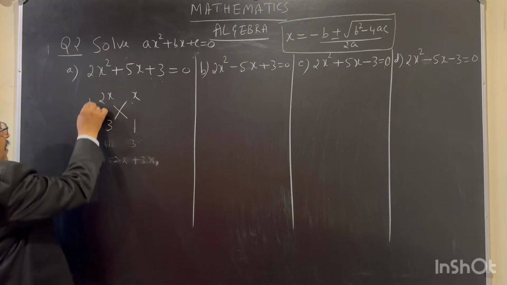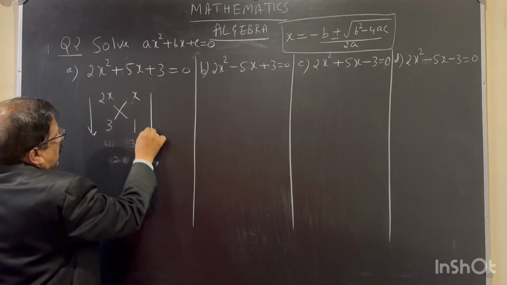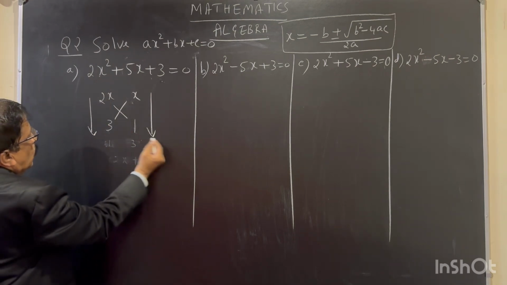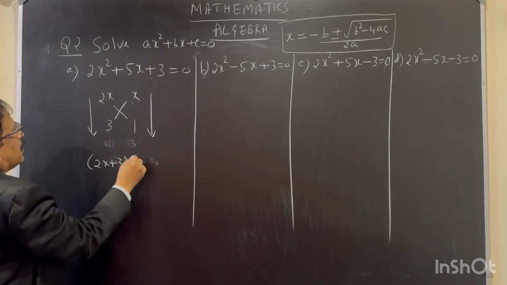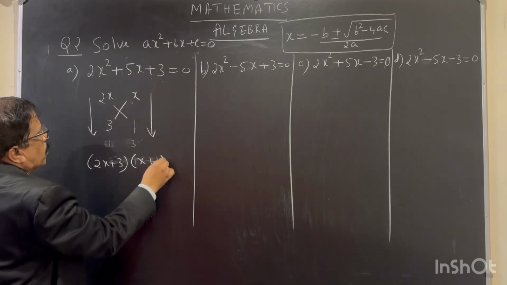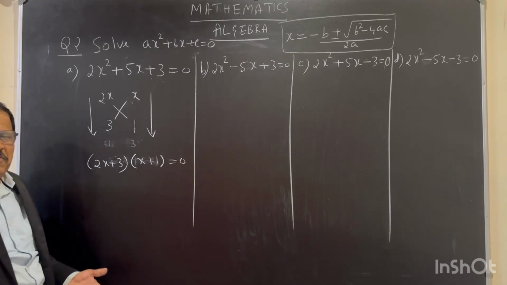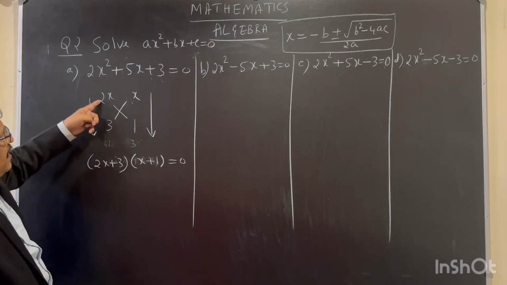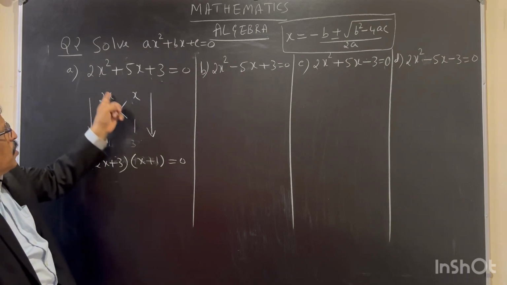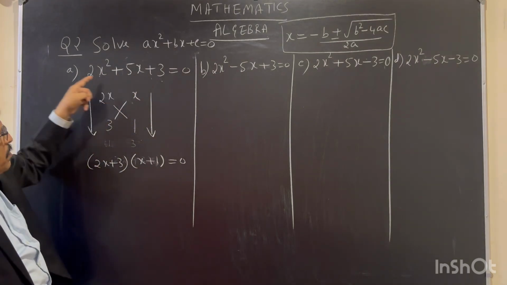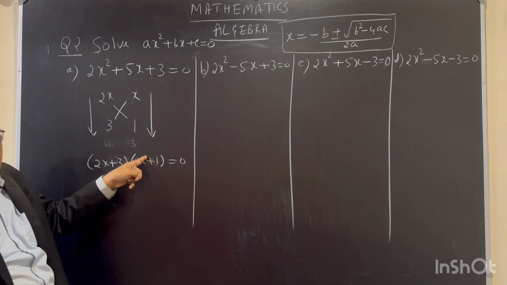I write this as 2x plus 3 into x plus 1 is equal to 0. So, this into this is equal to this much. 3 into 1 is equal to this much. Cross multiply, you should get 5x. But writing in this way.